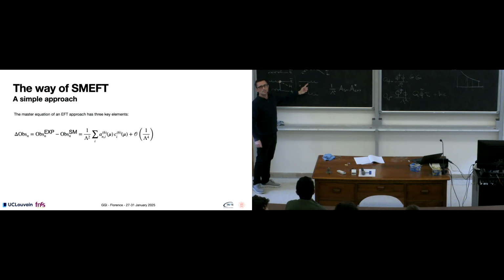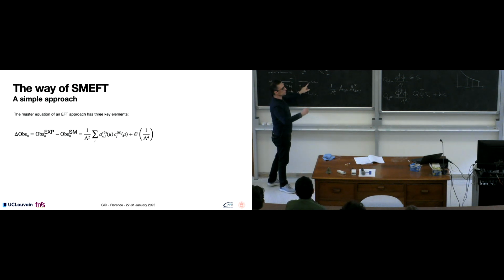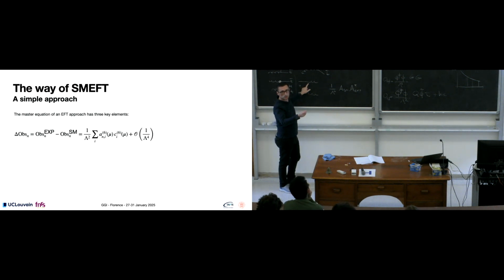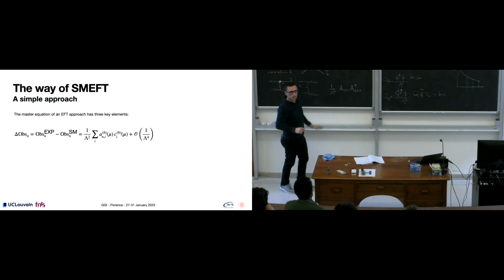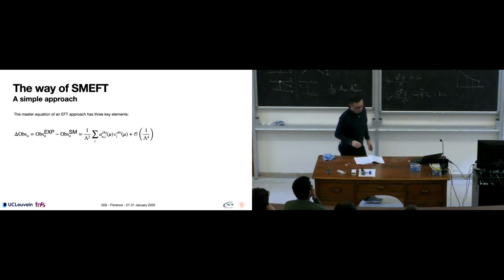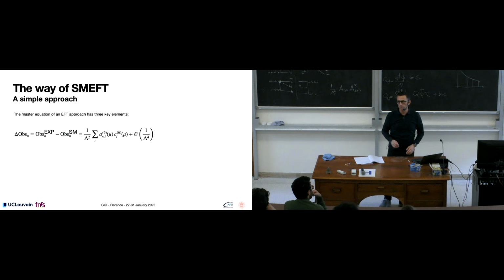These are technically two different things. If you do two insertions, it is really doing a dimension 8 operator equivalent. If you do one insertion here and one insertion there, it is what I technically call the square of the diagram, which we discussed during the discussion session yesterday. So these are two different classes of 1 over lambda fourth contribution.